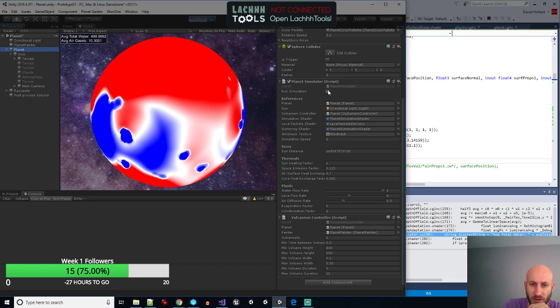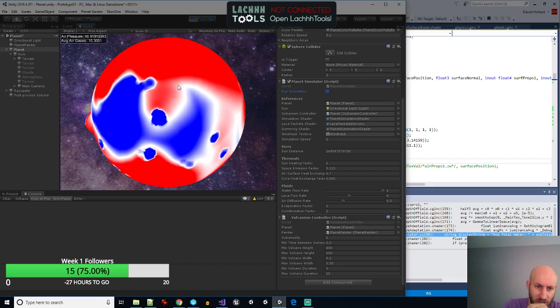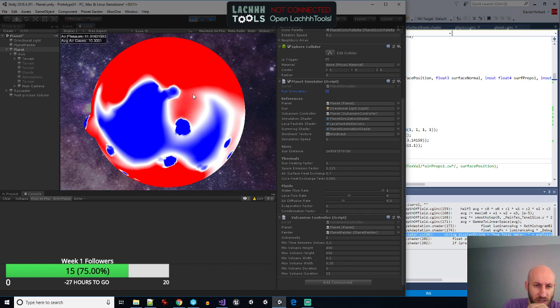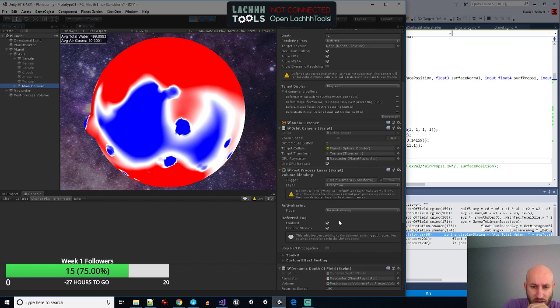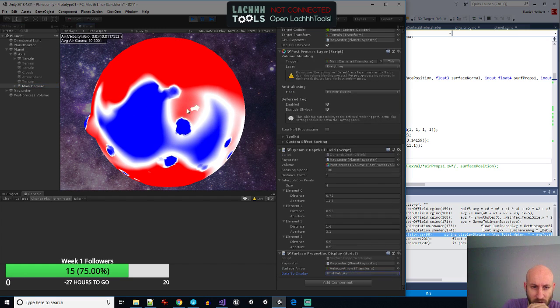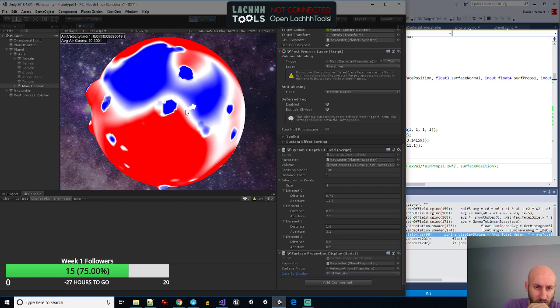So I'm going to turn off my simulation, which stops change from happening, but I can unpause the game so I can still use my controls and things. If I look at the wind, that looks good. It should be going from the red areas to the blue areas, which is what it's doing. It seems like it's just sort of in a runaway.